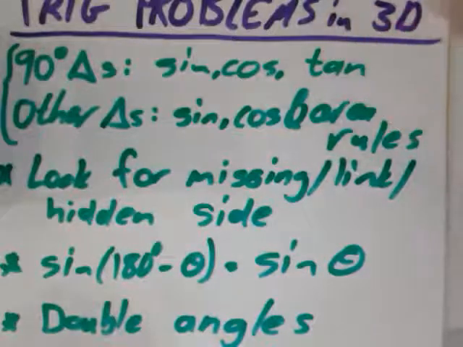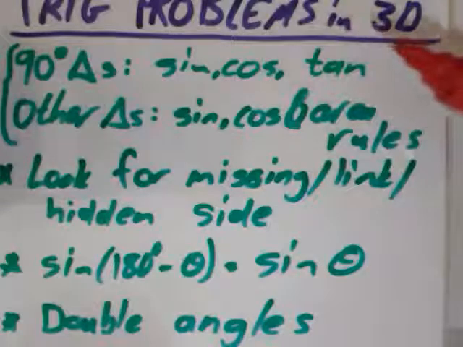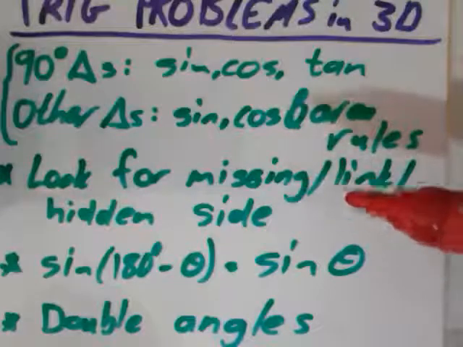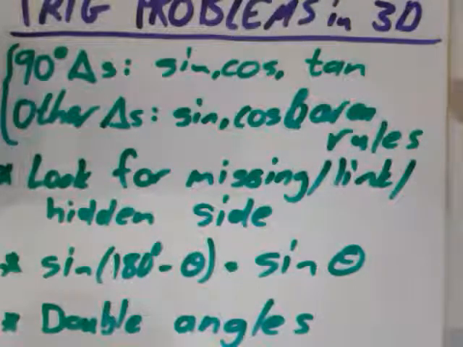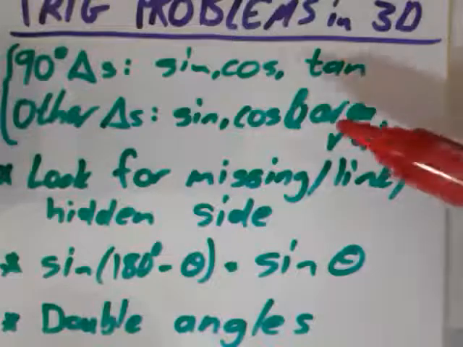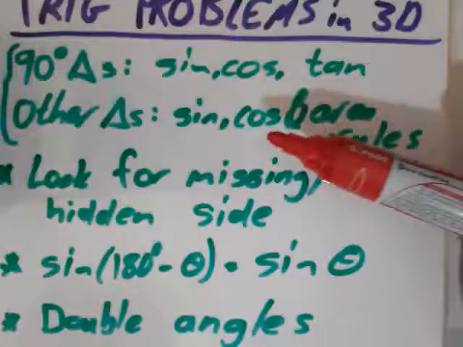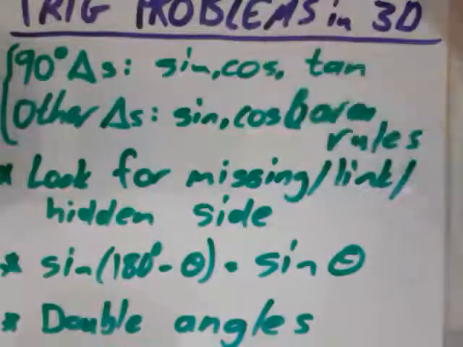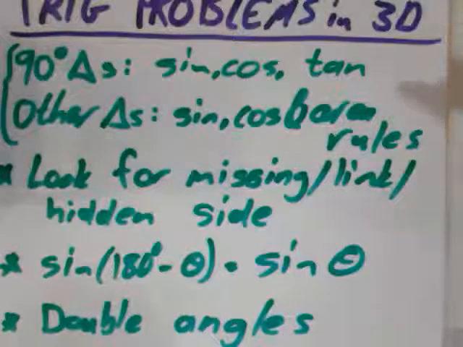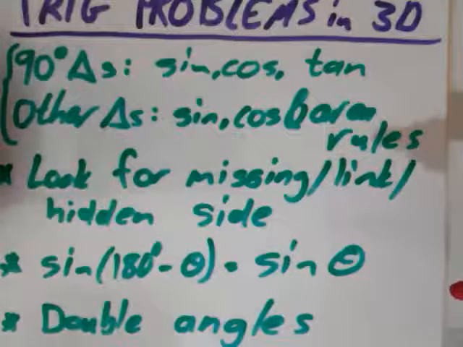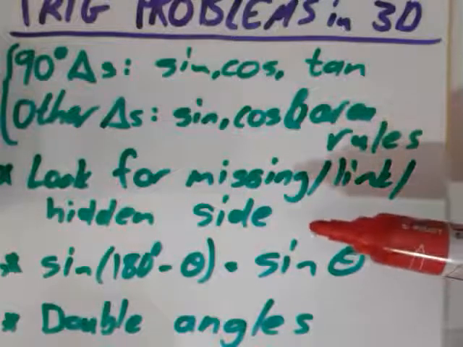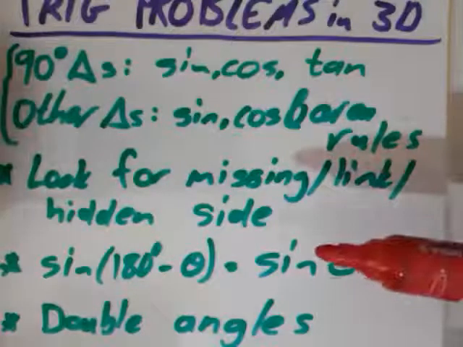For the 90-degree triangles, you'll just use normal sin, cos, and tan, and for the others, you use the sin, cos, and area rules. The sin and cos rules will also work for the 90-degree triangles, but it's overcomplicating things.